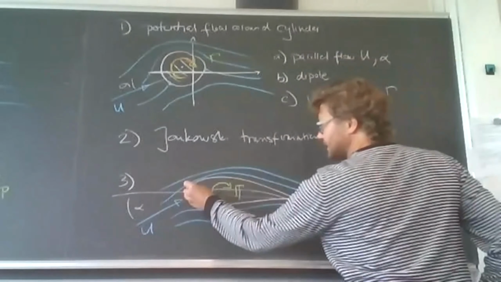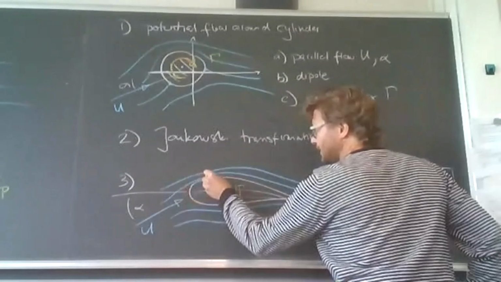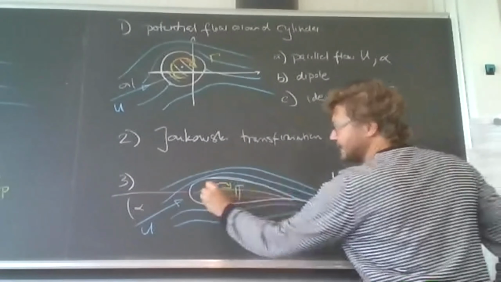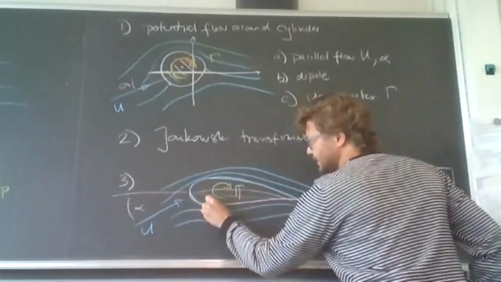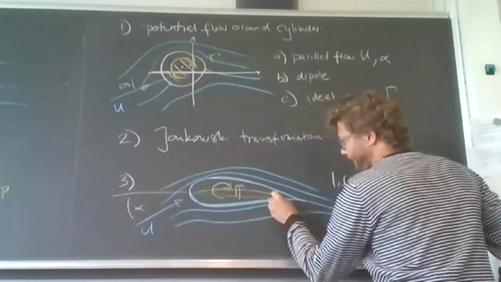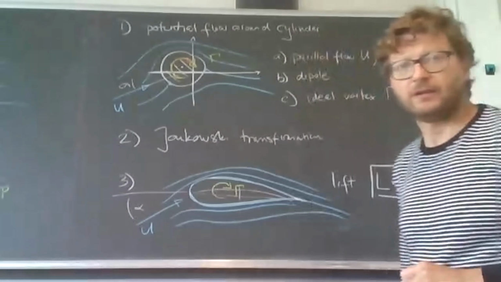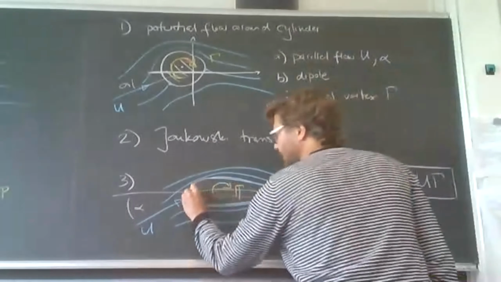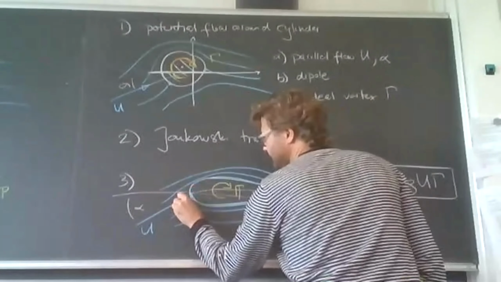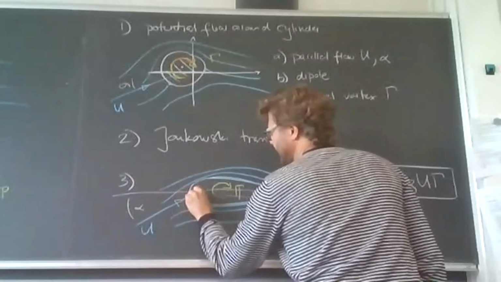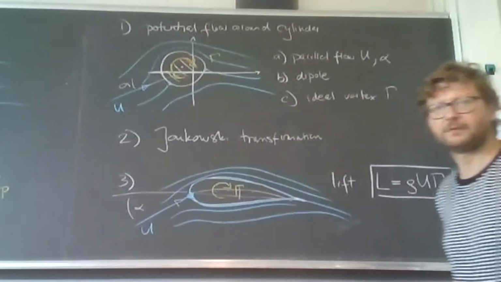And note that we have one streamline, as in any potential flow solution, which is exactly coincident with the surface of our object. And we do have a stagnation point at the leading edge, right?